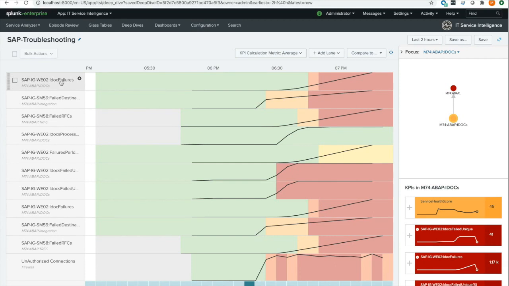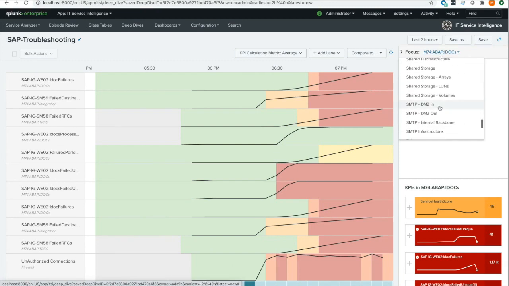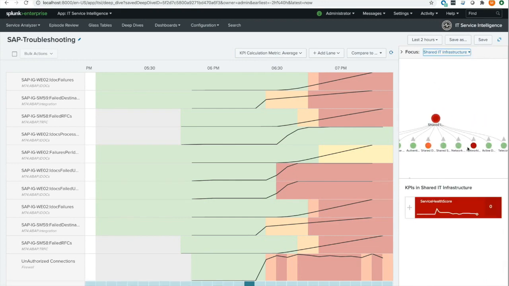Now since the event analytics platform suggested that maybe the root cause may be in the shared infrastructure, let's bring in the shared infrastructure components. So let's drill down to the firewall tier, and in the firewall tier, under the shared infrastructure, let's look at the health. We see that networking is impacted.